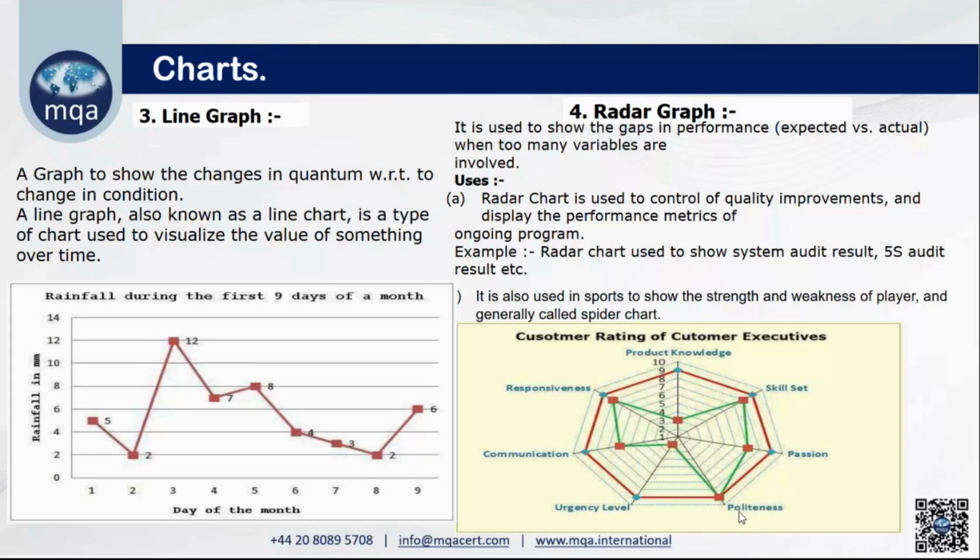Then we can give the range of fuel capacity, fuel average as one parameter. We can give the comfort level as one parameter, like ease of driving, ease of sitting. This way we can show the comparison.